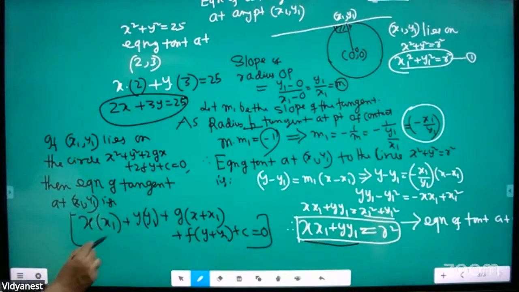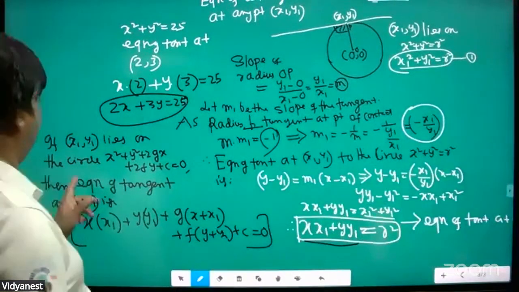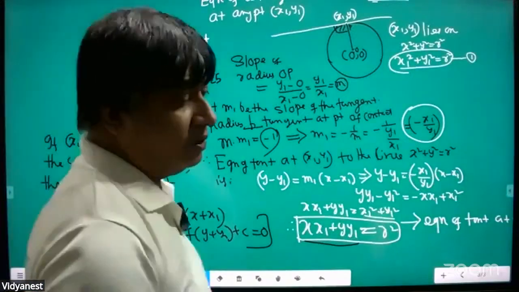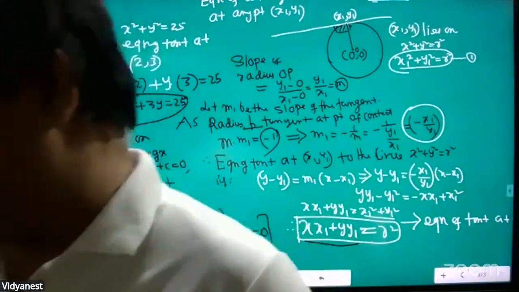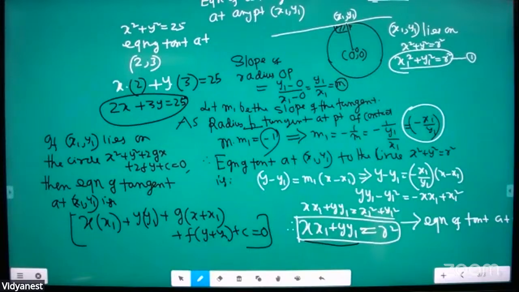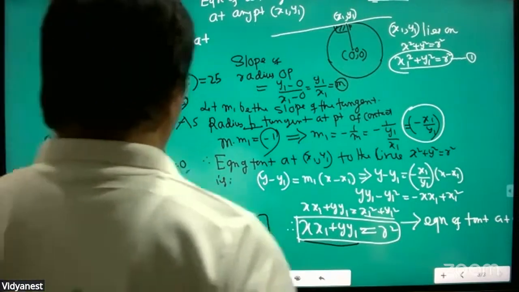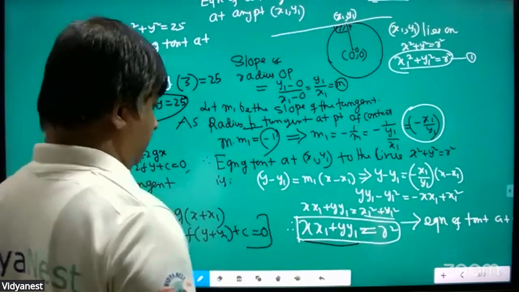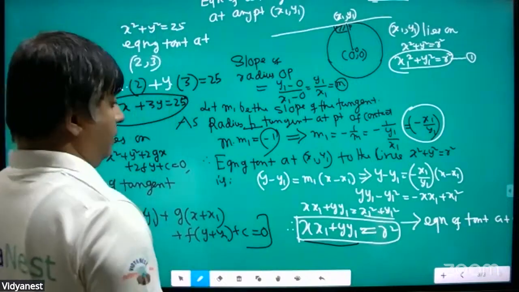This is the equation of the tangent to the circle if this general equation is given. Okay. Okay, sir. Hope you have understood. Yes, sir. Understood.